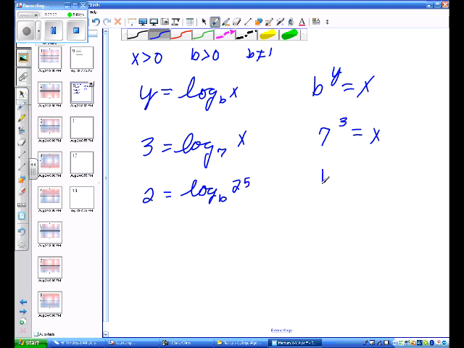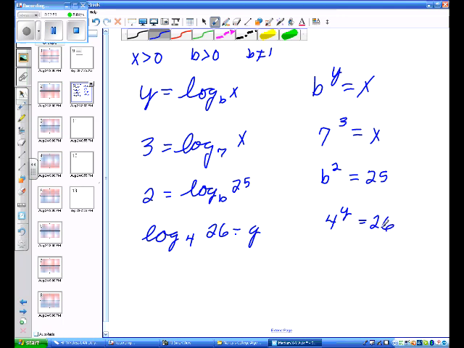Well, this would be b raised to the second power, or squared, is equal to 25. This is your base. Logarithm always equals the exponent. Log base 4 of 26 equals y. So 4 to the y is equal to 26.